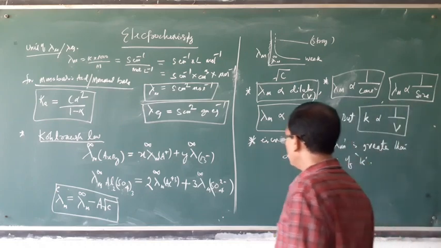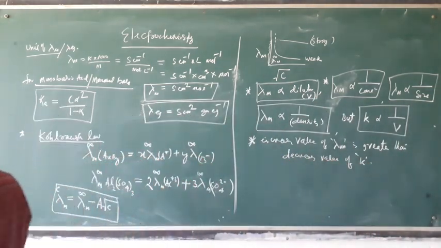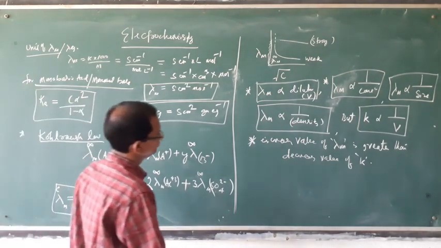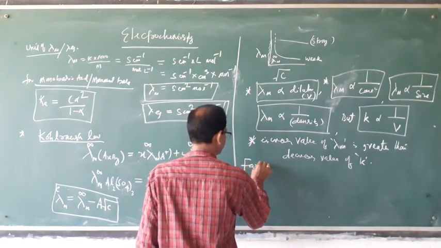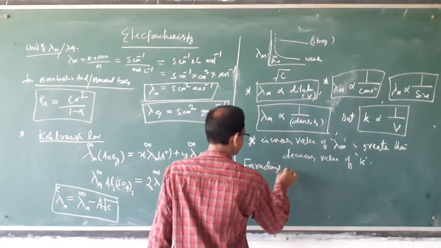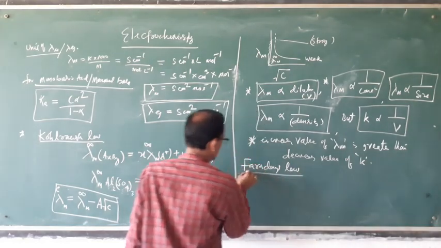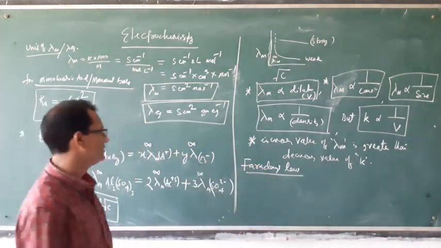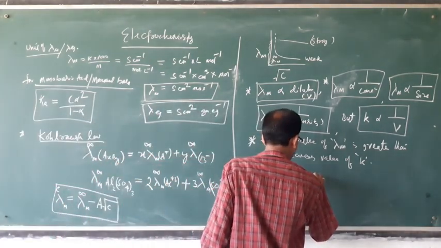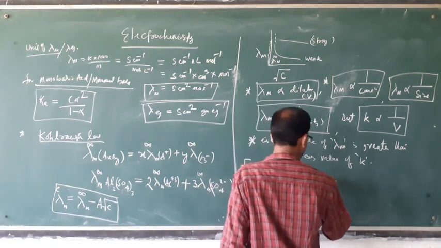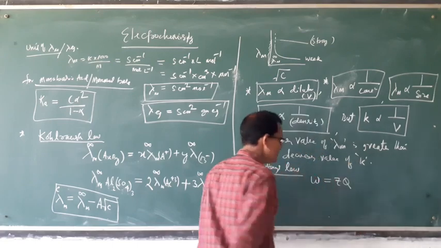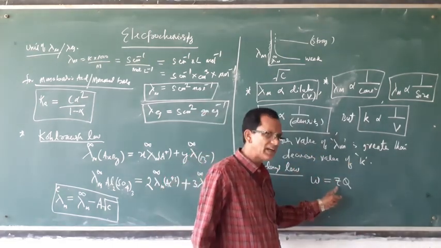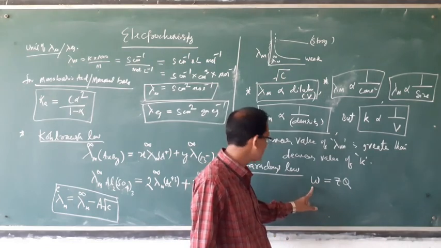The next part of this is Faraday's law. We know Faraday's law: the mass of substance is equal to Z into Q. What is Z? Z is the electrochemical equivalent of the substance.